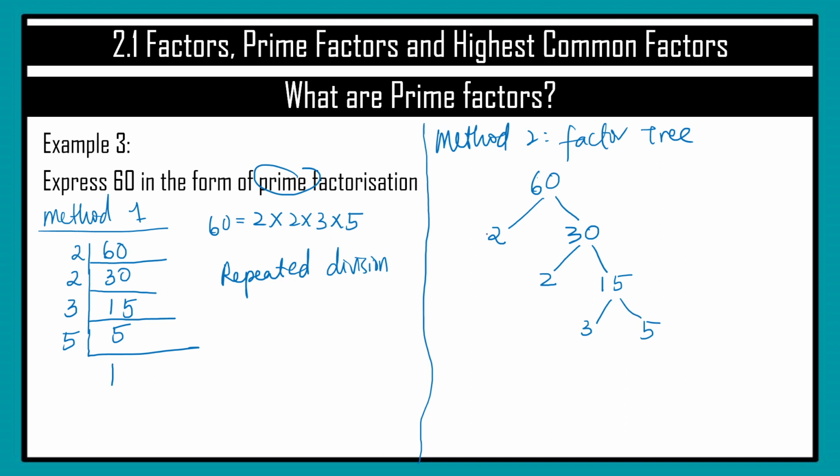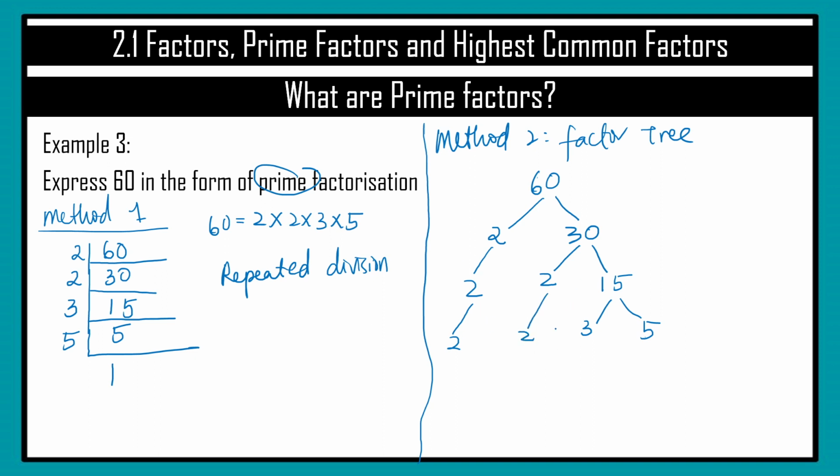Okay, so you see that these numbers are in different levels. In order for us to balance the tree, I'm going to bring 2 down from this side, so that it is in the same level as 3 and 5. I'm going to bring 2 from the 30 down so that we have a balance.